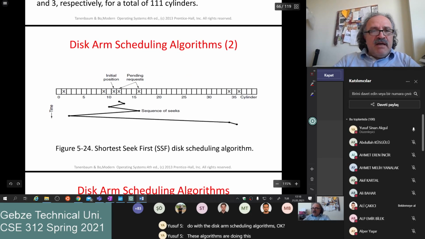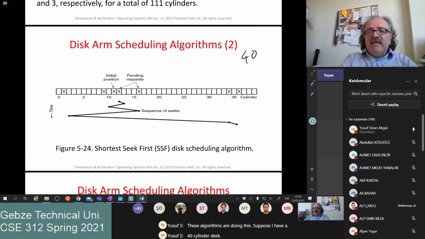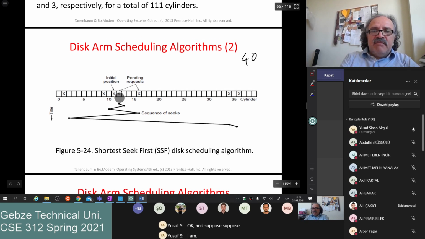Suppose I have a 40 cylinder disk, and suppose I am at cylinder number 12.